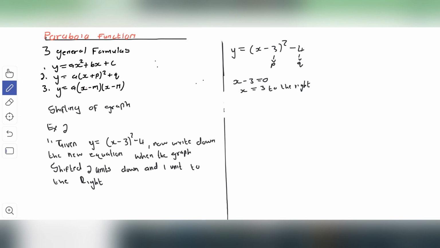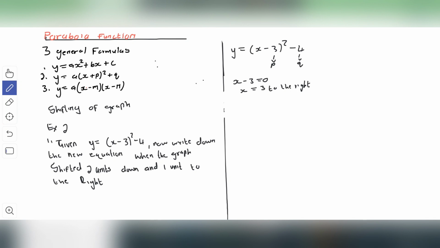Now the question says: write down the new equation when the graph is shifted 2 units downwards. No, they're not talking about x or p here, because remember, for p or x, it's either a shift left or right. So we continue. And 1 unit to the right.